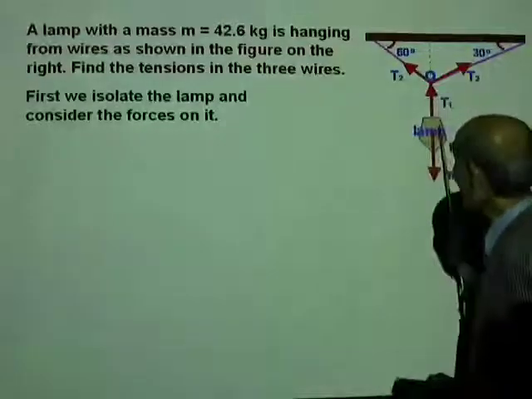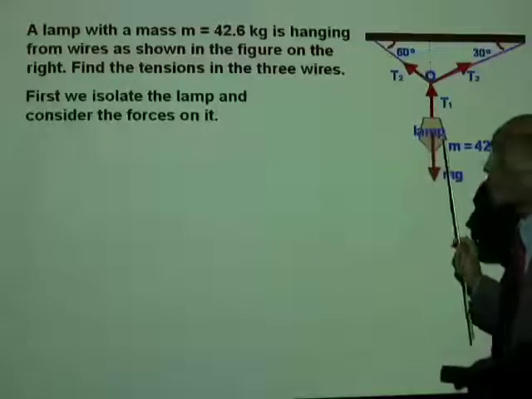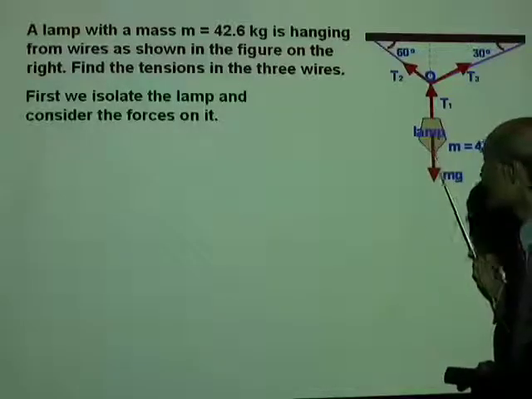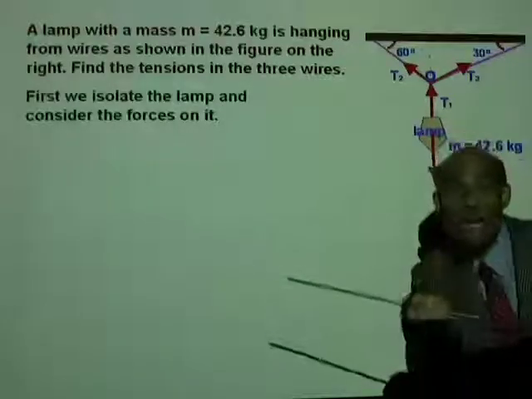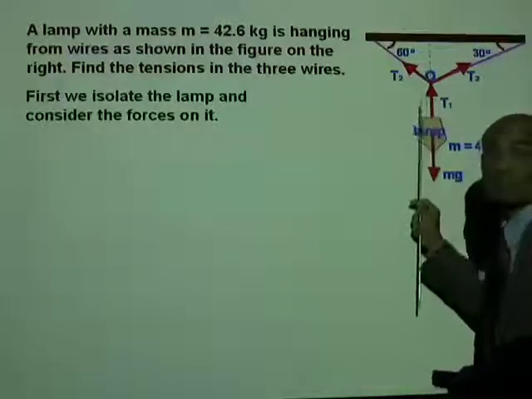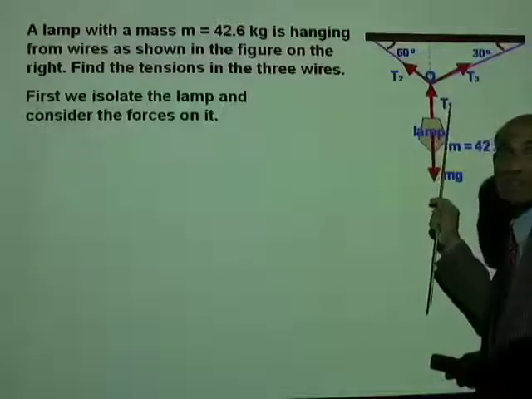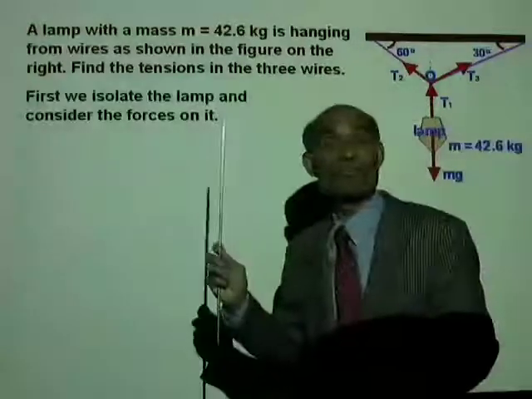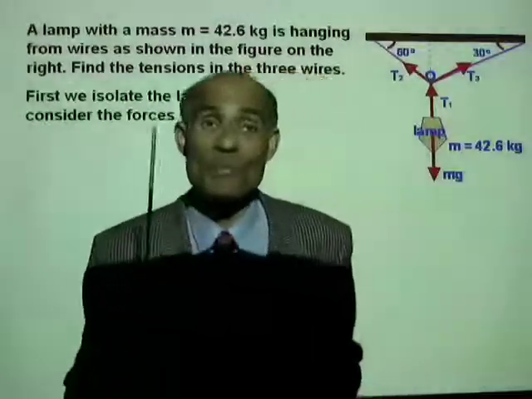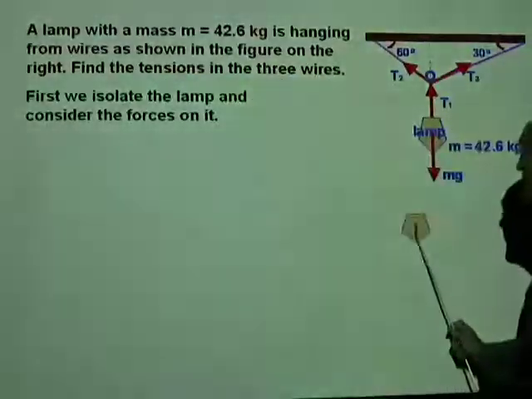Tell me, what are the forces acting on the lamp? One force acting on the lamp is its weight acting vertically down, and the lamp is held in position by this cable, and the tension on that cable is T1. Those are the 2 forces on the lamp. So I have now the lamp here.